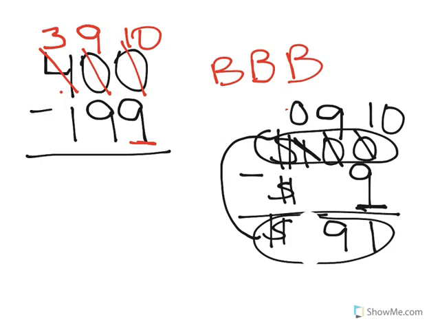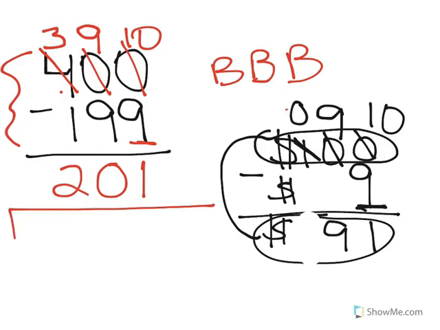So let's go ahead and apply that strategy to this problem right here. So we're going to continue subtracting. 10 minus 9 is 1, 9 minus 9 is 0, and 3 minus 1 is 2.